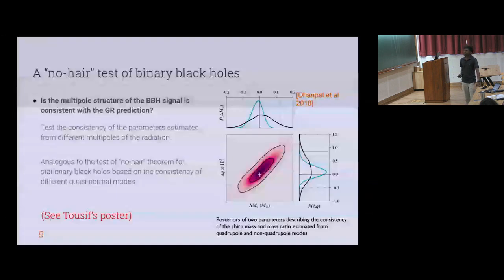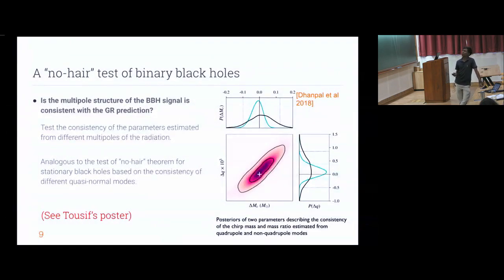So then another test we are developing is a no-hair test for binary black hole mergers. The basic idea is that the waveform expected from binary black hole mergers has a multipole structure. So what we are checking is whether this multipole structure is consistent with GR or not.